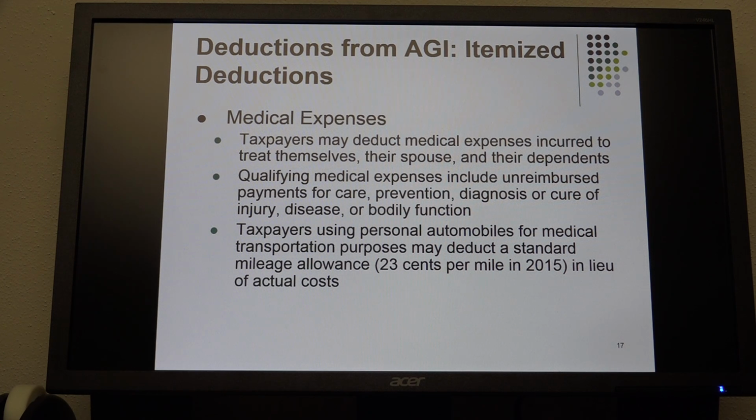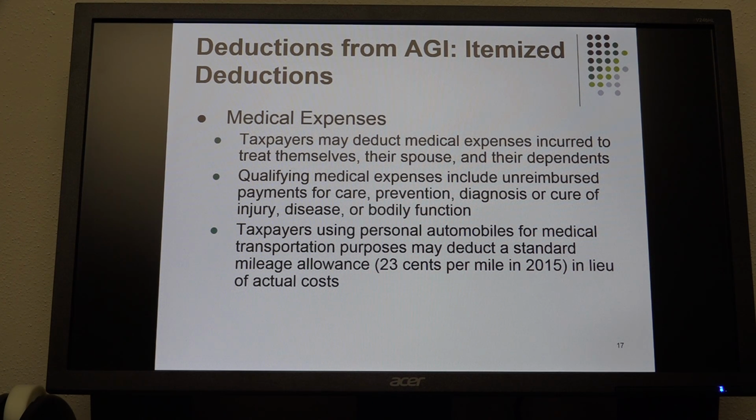Most people are insured, but if you're on Obamacare or something, you've got some pretty high deductibles, or if you're uninsured, you've got some pretty high medical expenses, then you would be able to do this.